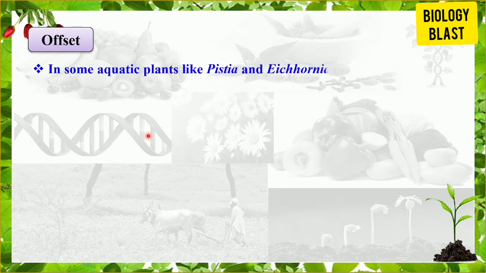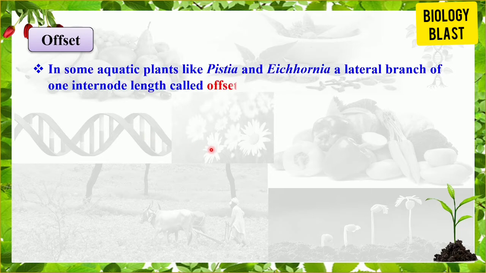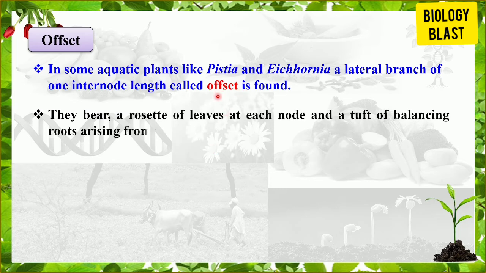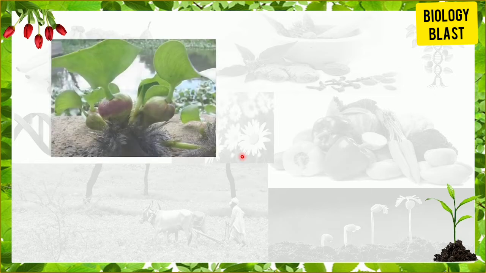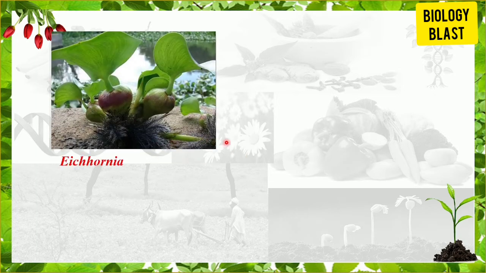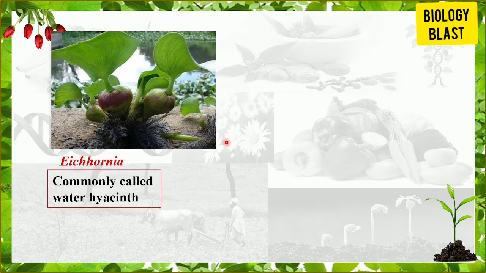Offset. In some aquatic plants, Pistia and Eichhornia, a lateral branch of one internode length is called an offset. They bear a rosette of leaves at each node and a tuft of balancing roots arising from the base. Eichhornia has offsets, commonly called water hyacinth, also known as terror of Bengal.